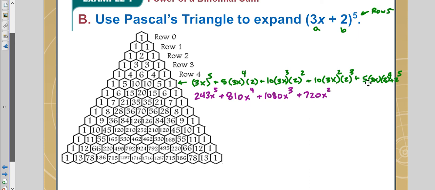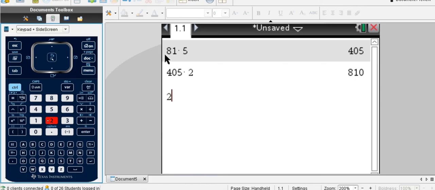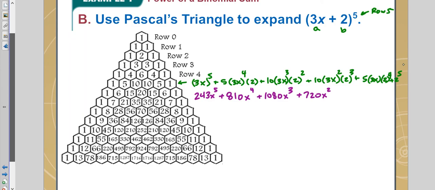Here we have 5 times 3, which is 15, times 16. 15 times 16 is 240, I believe. 15 times 16 is 240. And then 2 to the 5th is 32. And that would be our answer there.